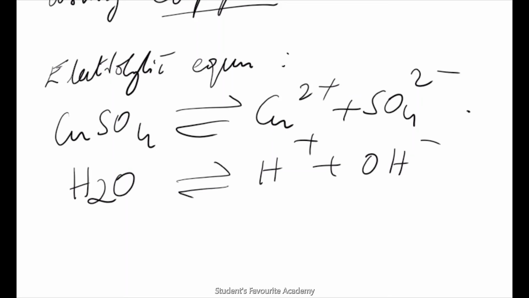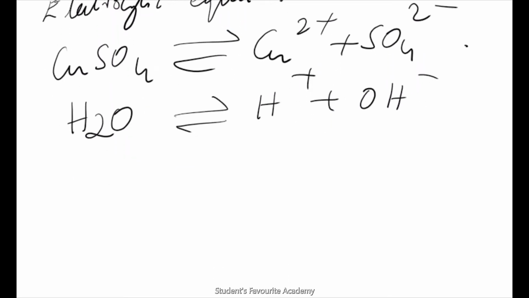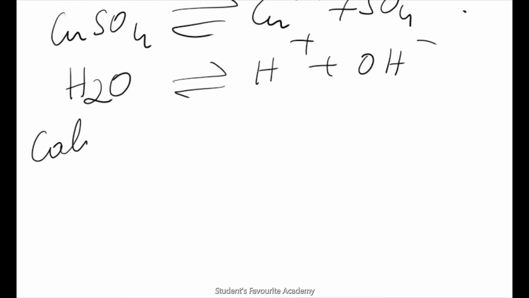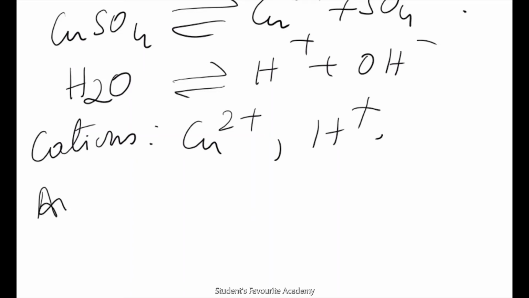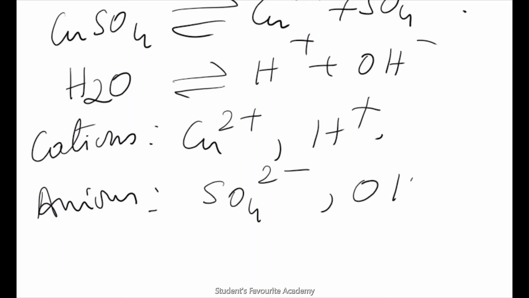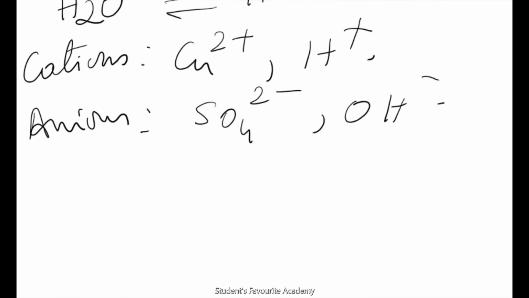Okay, so the cations are Cu2 plus and H plus. Anions are SO4 2 minus and OH minus.